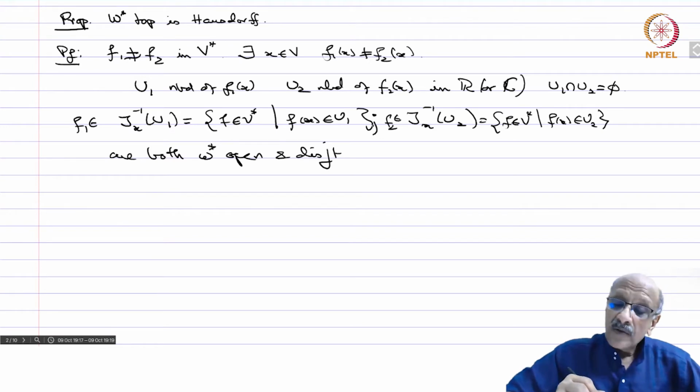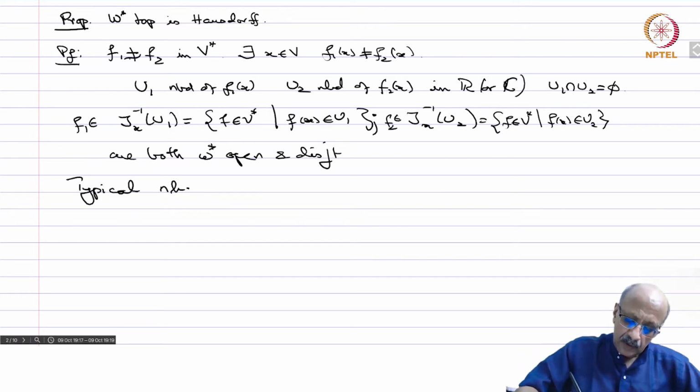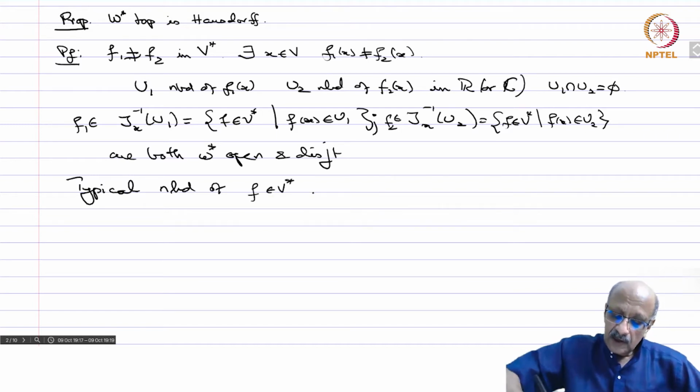So we can now also define how a typical neighborhood of f naught in V star in the weak star topology looks.